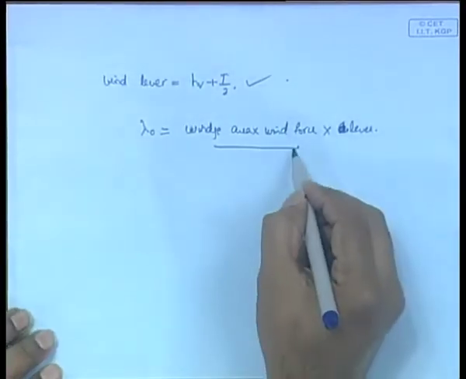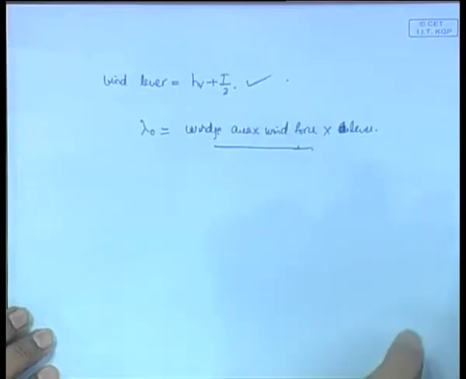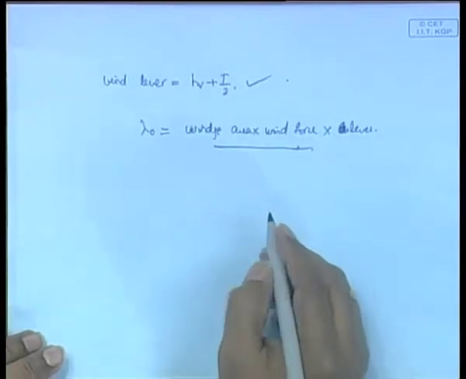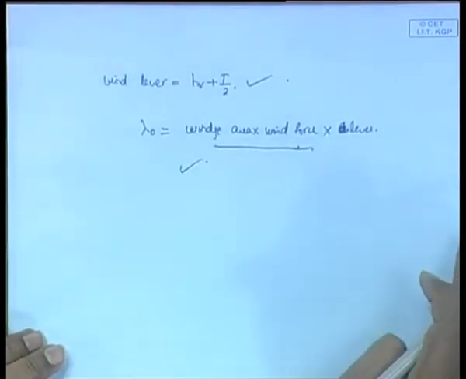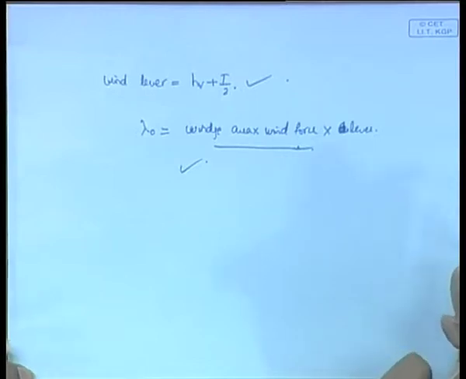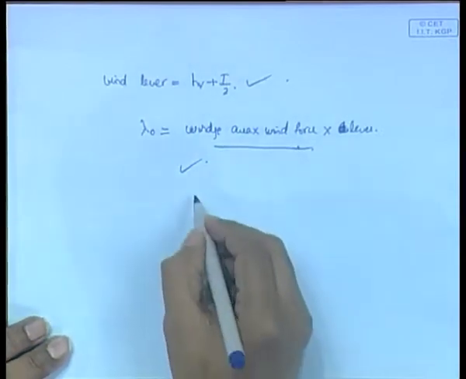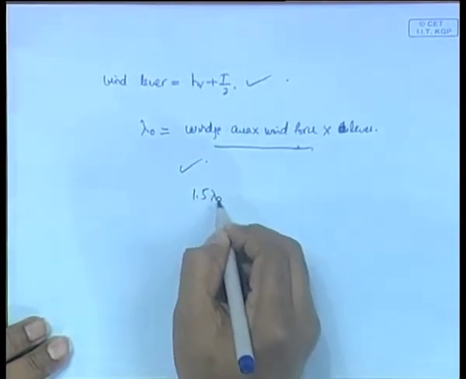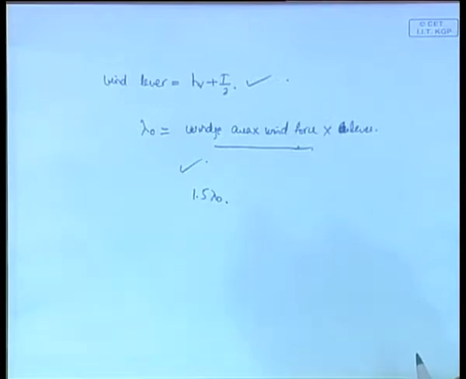So, windage area into wind force into lever gives you your value of lambda 0. Then you need to calculate 1.5 lambda 0. This is necessary for the calculation.